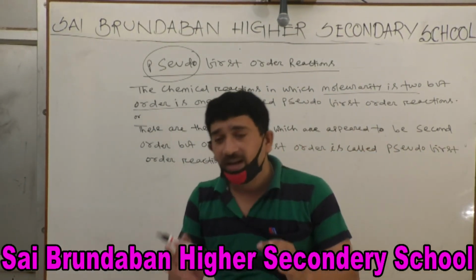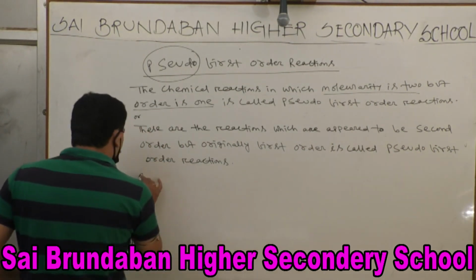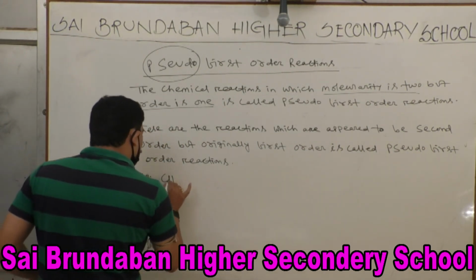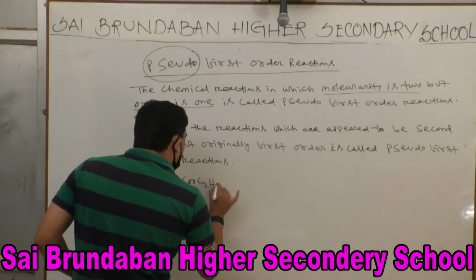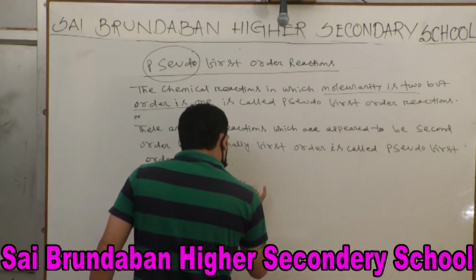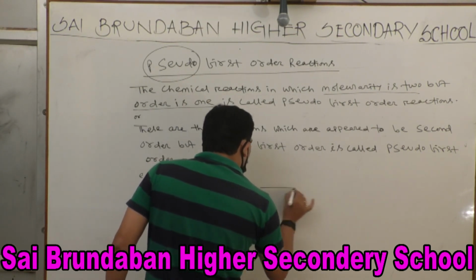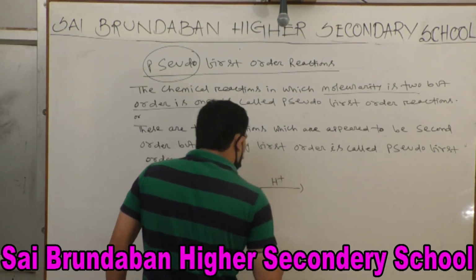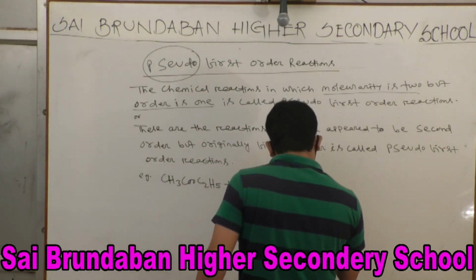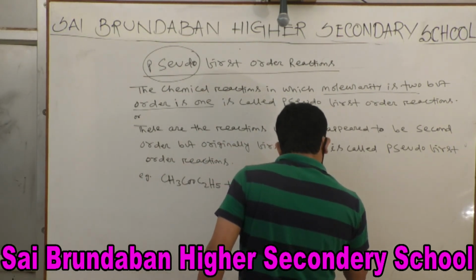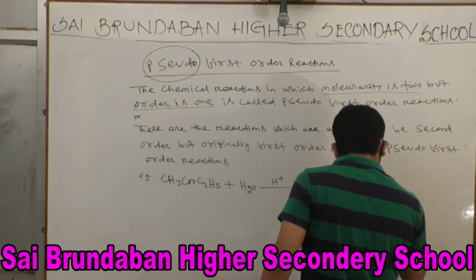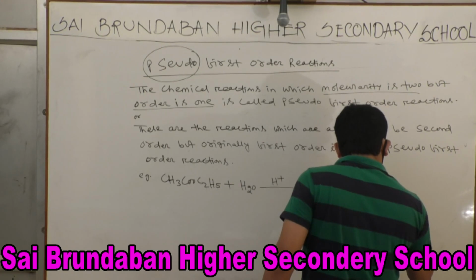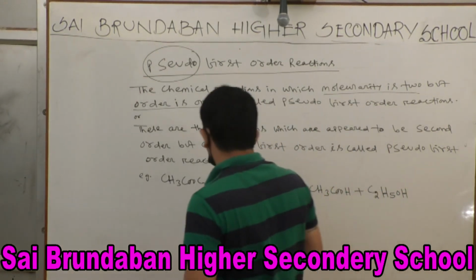Take one example. The example is CH3COOC2H5 plus water in presence of acidic medium gives CH3COOH plus C2H5OH.